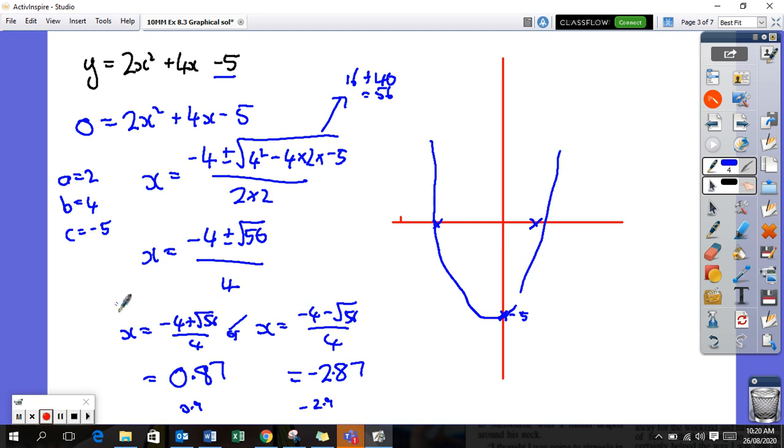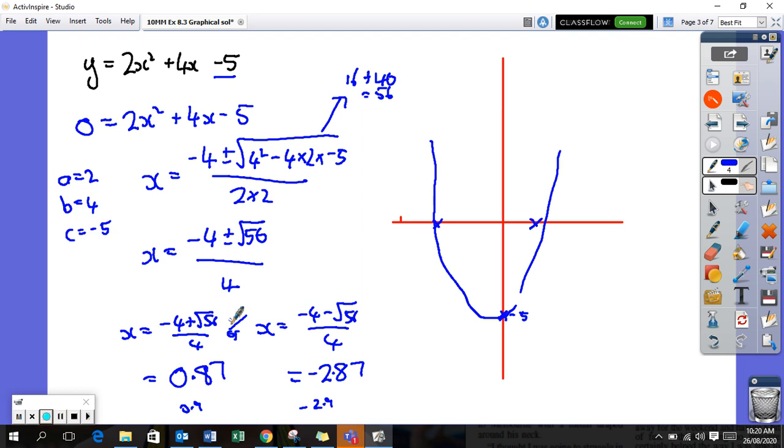I'm not sure if my signs are right. Oh, that's fine. They have an error in the book actually, example 7b. So that's what it looks like.